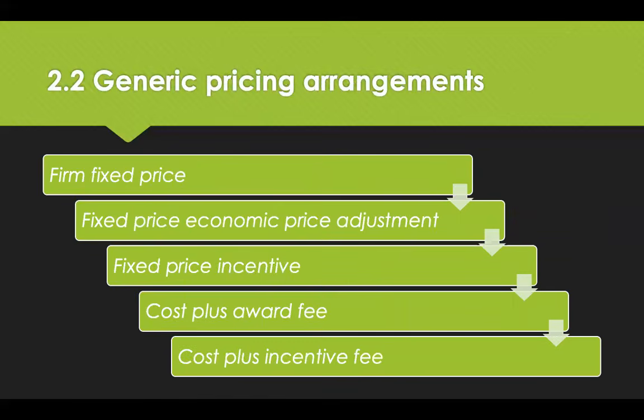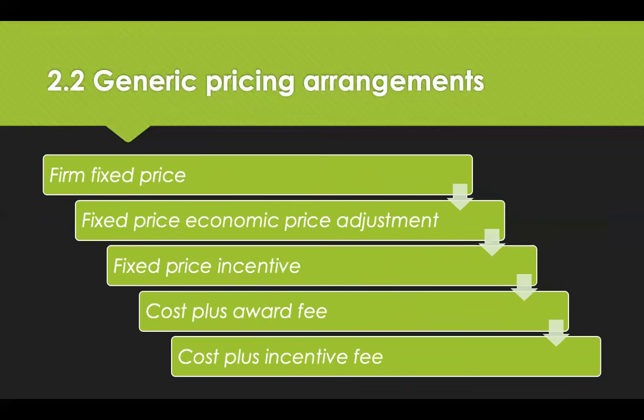Here are some other generic pricing arrangements as well. So you've got your firm fixed price where the price is set and fixed by unit of measure of product. Fixed price economic adjustment is where you provide for an adjustment according to specific contingencies, like, for example, an increase in minimum wage.